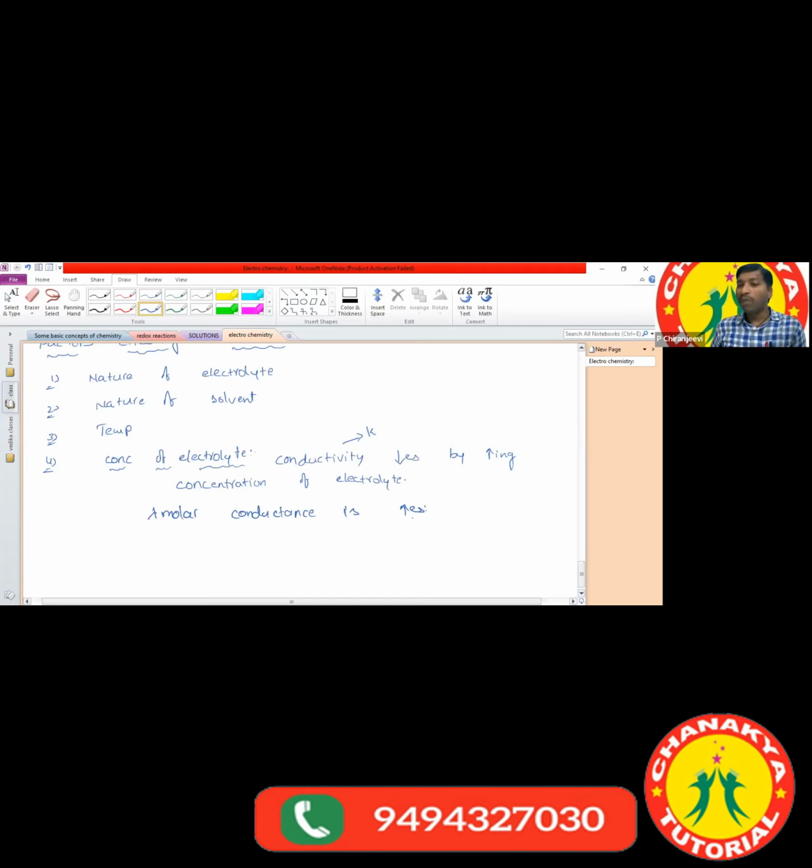More ions means greater conductivity. So conductivity decreases with increasing concentration, but molar conductance increases. This we can also explain based on strong and weak electrolytes. What is an example of a strong electrolyte?